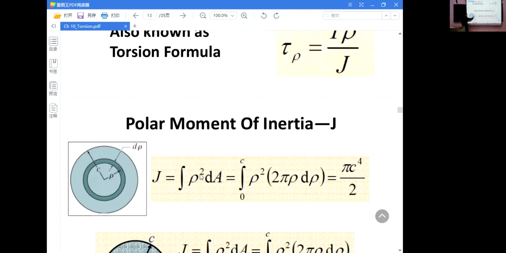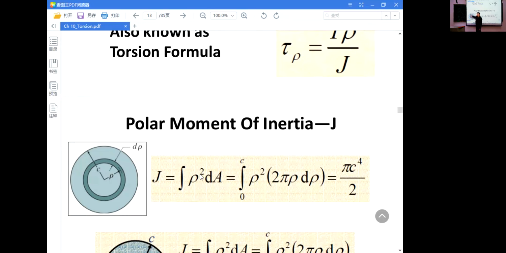Let's take a small area dA. At distance rho, with d rho, it is a band, the shadow part.